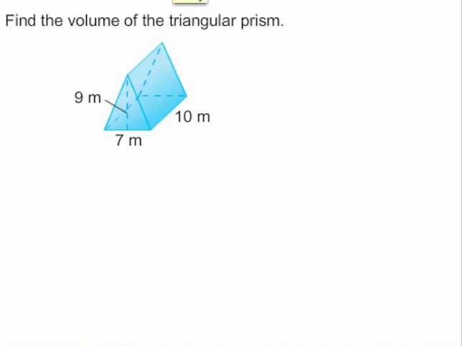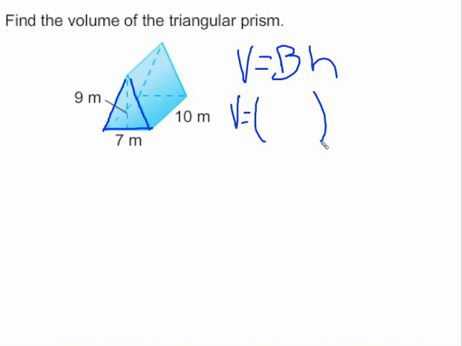Alright, find the volume of the triangular prism. So here's where it becomes different. We know that volume is equal to base area times height. So we look at our base. This time our base is a triangle. To figure out the base area, I'm going to have to multiply the base of the triangle by the height of the triangle and divide that by 2. And 10 is the height of the entire prism.